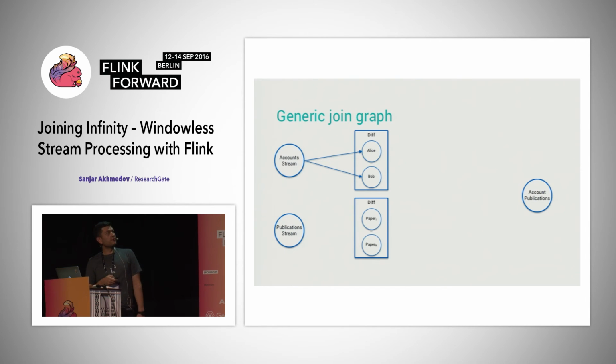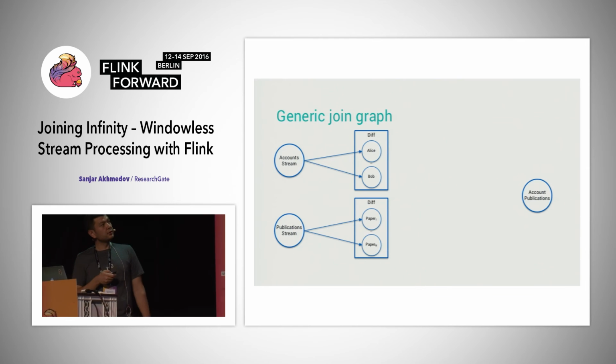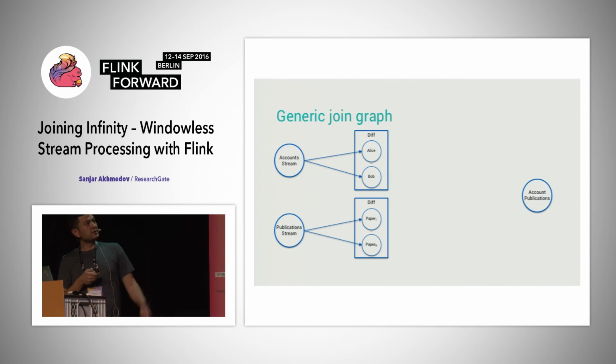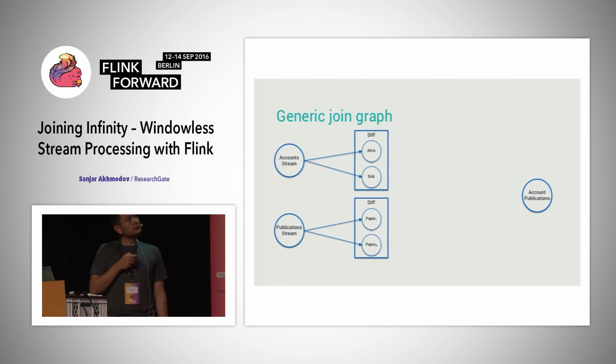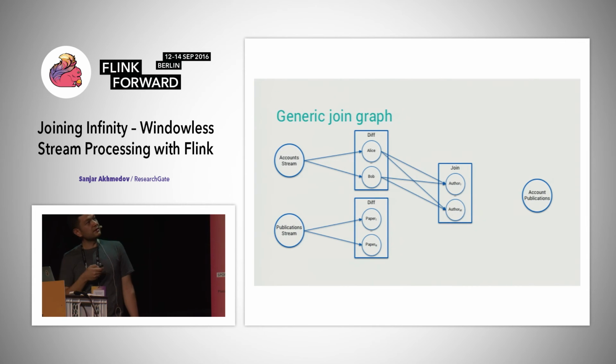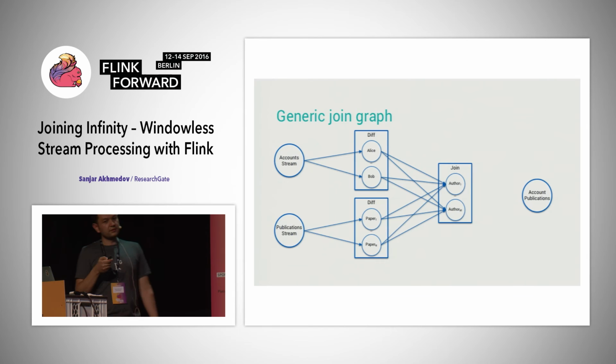Then we do the same for the second side of the join. So we store every previous value there for each publication. And then we join by another key. So we send that data to another operator from one side and from the other side. And when our join result is full, we just trigger the join result or maintain the join result. And we collect it again to Kafka.